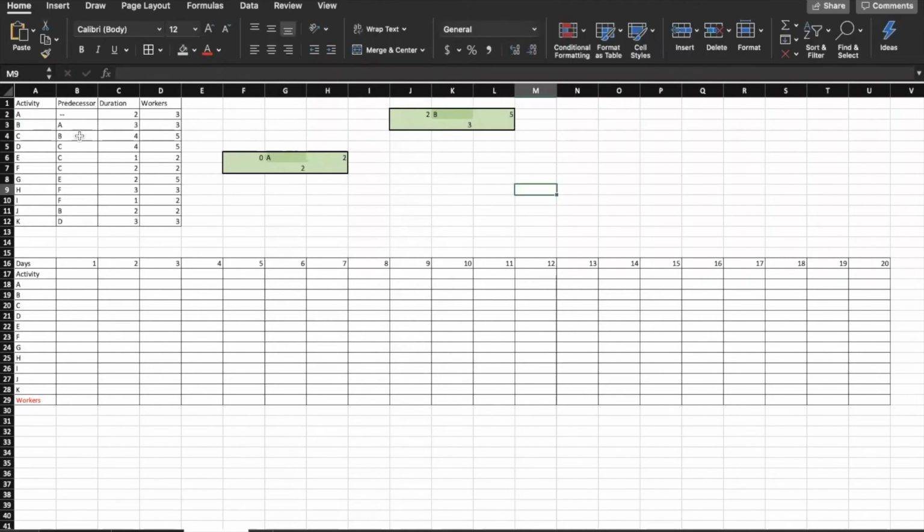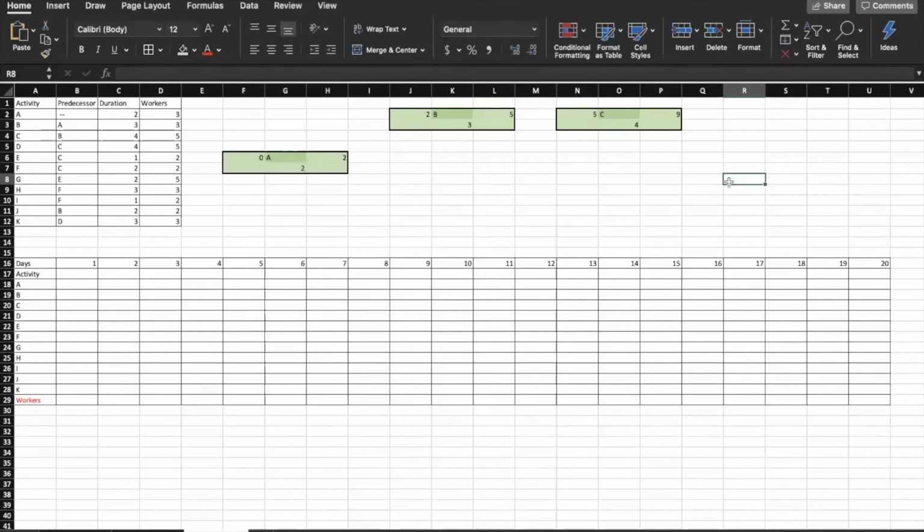Then we have C that starts on day 5, right after B. Then C takes 4 days to complete, and C would finish on day 9.